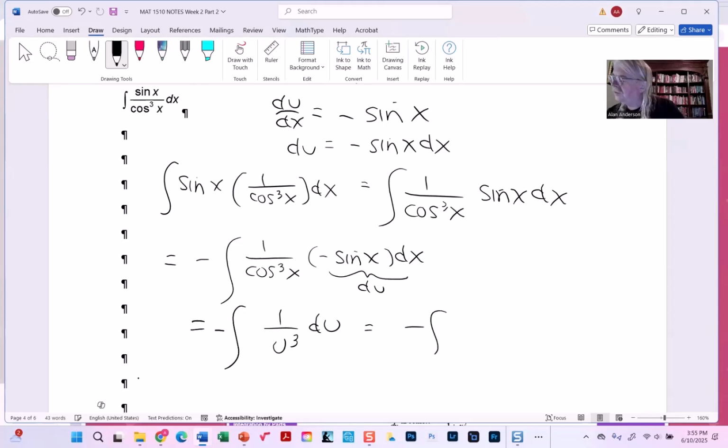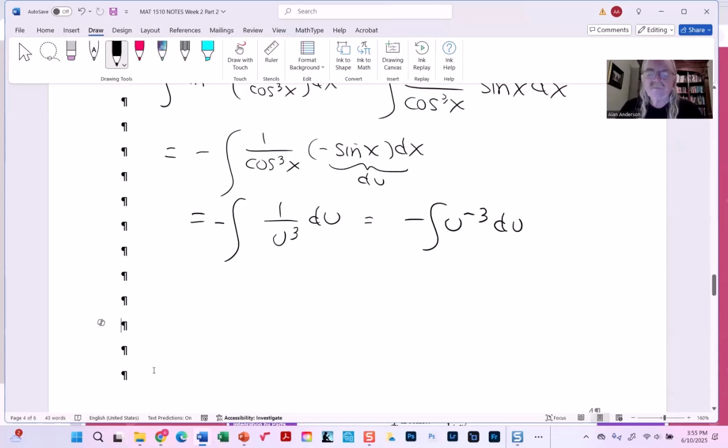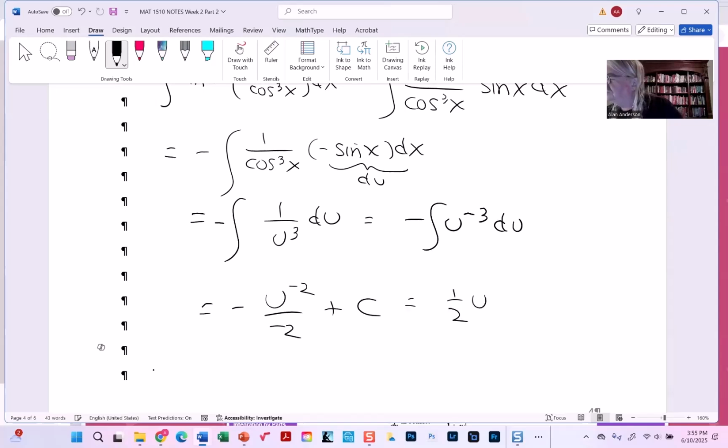Now, I think it would be easier to write like this. We can apply the general power rule. And we end up with negative u to the -2 over -2. Or if you prefer, you can write it as 1 over 2u squared.